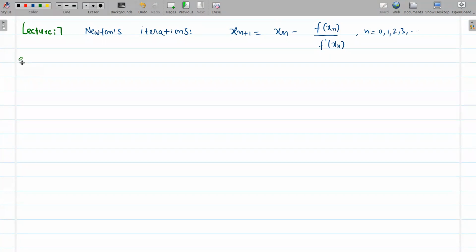Let us take one example. This example says that the choice of initial guess is very important in Newton's method.